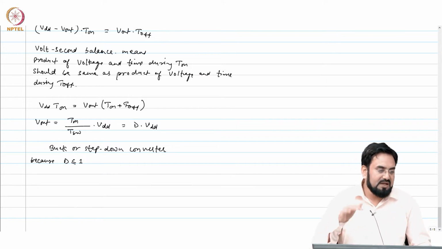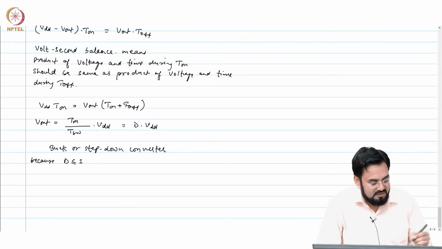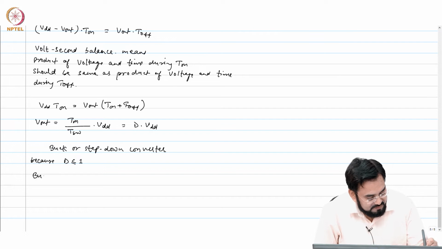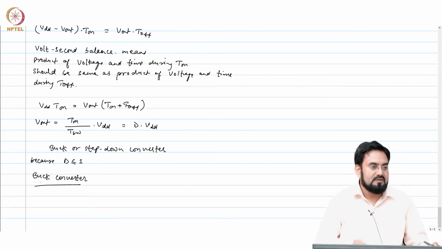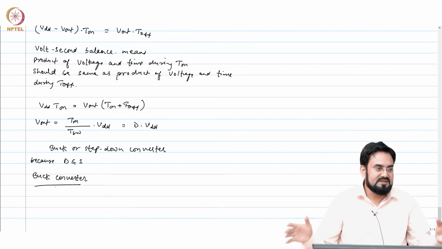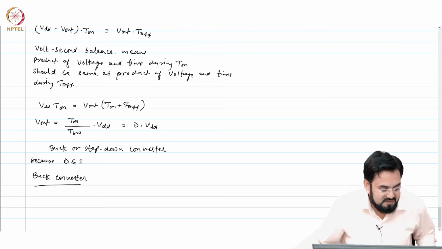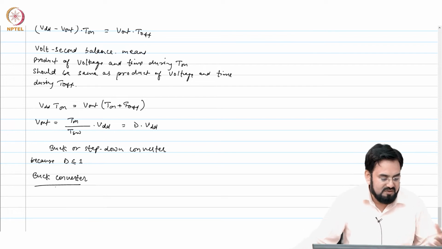So, it can only buck or step down your output, and that is why we call it buck converter. When we talk about the boost, we will again do the same exercise and see the relationship between V in and V out. Just apply the same concept and you will get the relationship between V out and VDD or V out and V in.